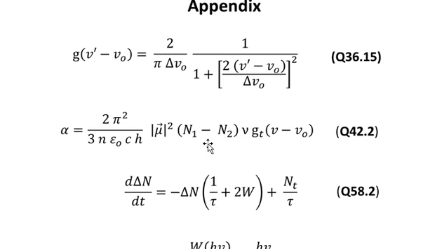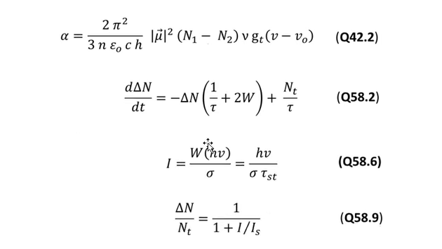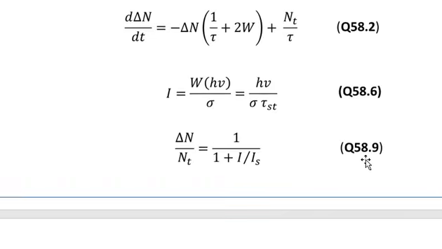The rest of the quantities are the same. And equation number 58.9 is delta n over nt, the ratio of the difference of population to the total population, is equal to 1 over 1 plus I over Is, where I is the intensity of the saturating beam and Is is the saturation intensity. For the details of these intensities, you can consult slide number 58.